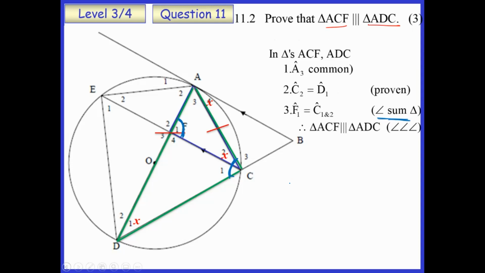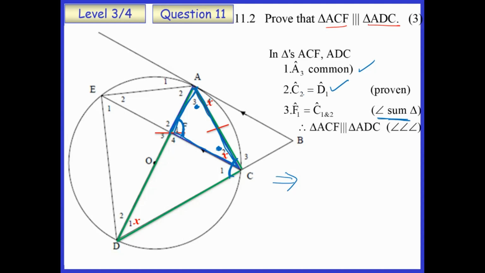And if they are similar, what does it mean to us? Please can you explain 3 again, sir? All right. If you look at the blue triangle, can you see the small one? In the first one, we said A3 is common. So we've taken care of A3. In the second one, we said C2. Can you see that?